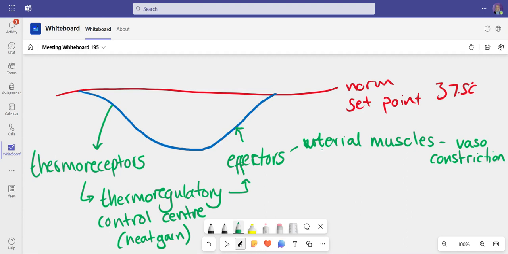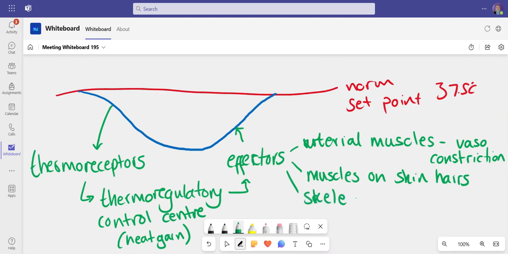Okay, we don't want to send it to sweat glands because we don't want to sweat if we're cold. We want to send it to the muscles in our skin that control the hairs on our skin, and we'll just call it muscles on skin hairs, and we'll talk about it on another slide in a second. Okay, we also want to send a signal to skeletal muscles, and that's going to make us shiver.